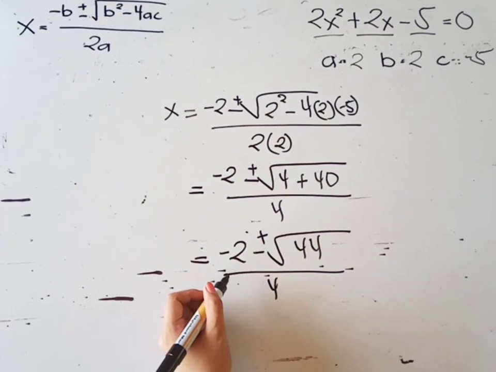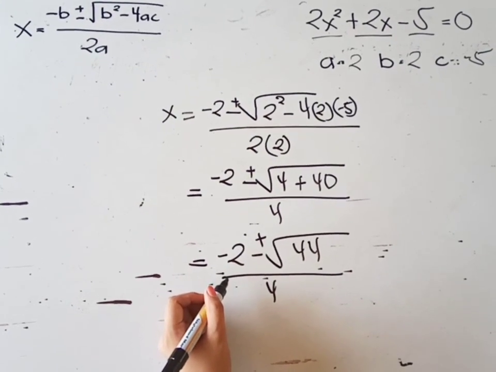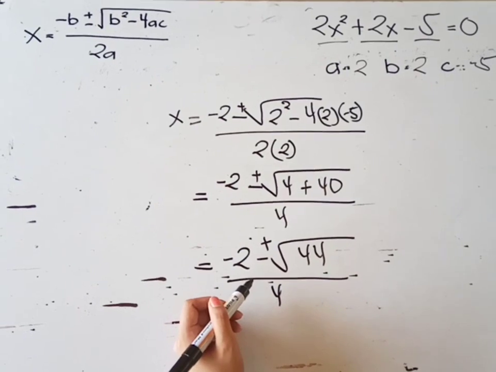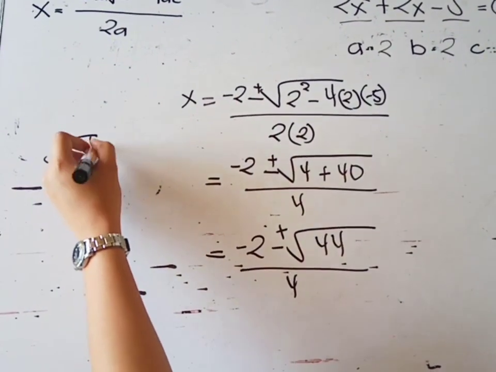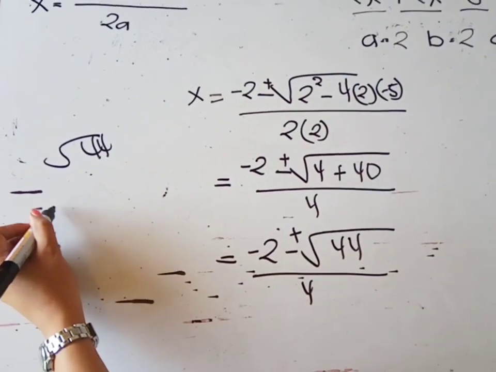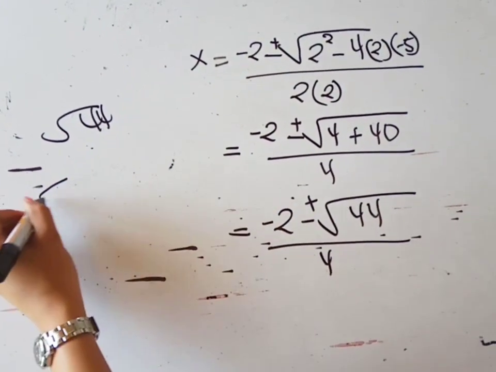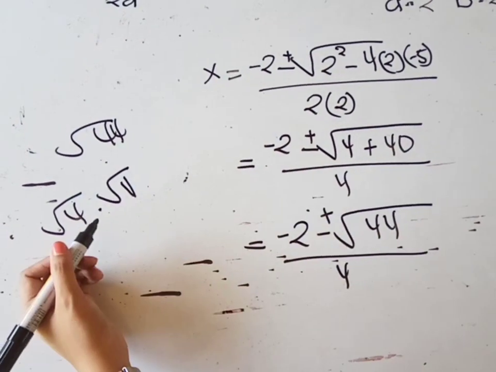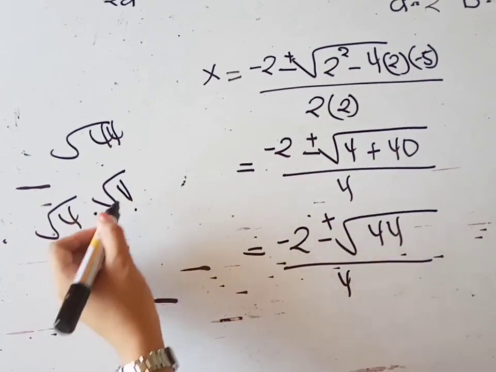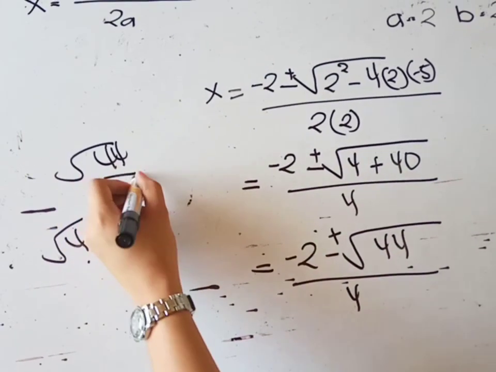Now the square root can be simplified even more, because the square root of 44 can also be written as the square root of 4 times the square root of 11, because 4 times 11 is equal to 44.